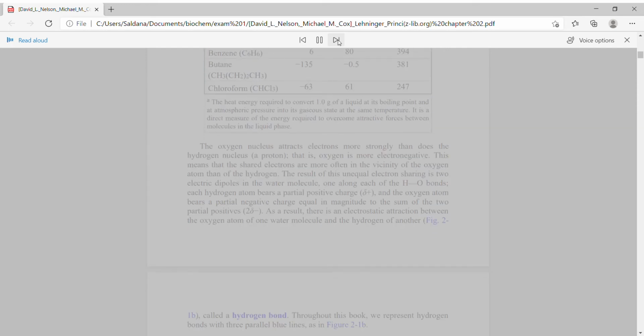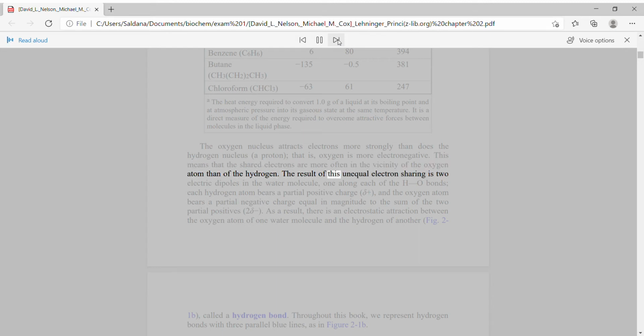The oxygen nucleus attracts electrons more strongly than does the hydrogen nucleus, a proton; that is, oxygen is more electronegative. This means that the shared electrons are more often in the vicinity of the oxygen atom than of the hydrogen.